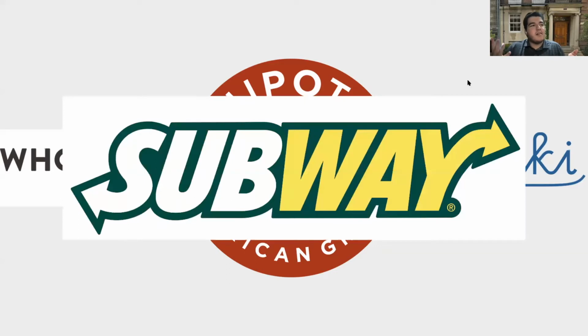Chipotle is pretty much just a Subway, but in the form of Mexican food, right? So what we notice is that all of these businesses stem from the same idea, but they're just different variations of it, right? And so this is what we're talking about, where you don't have to come up with the next big idea. Sometimes a good idea can be a variant of a pre-existing idea.